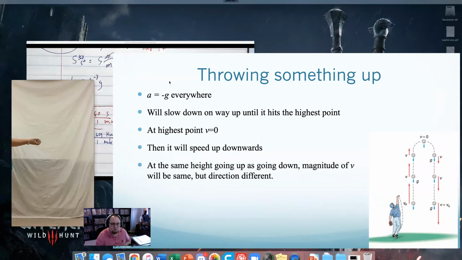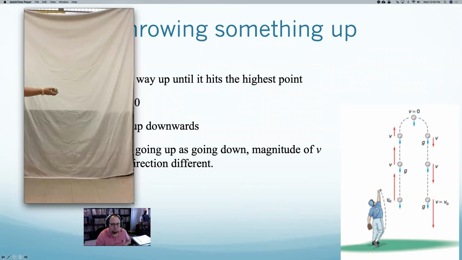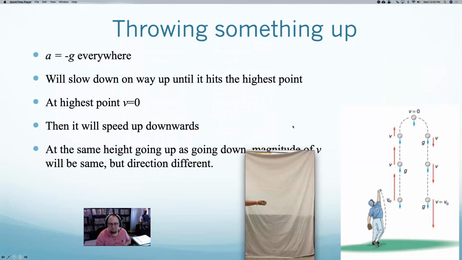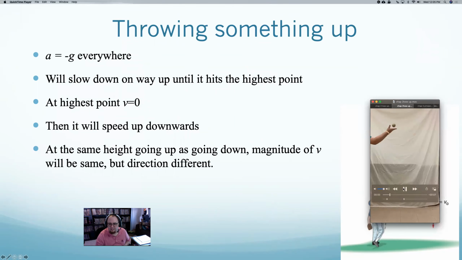If you throw something upwards, and is this the version I want? No, I want this version. If you throw something upwards, what's going to happen? I'm just going to cover that figure for a second. On its way up, it's going up. That means on the way up, it has a positive velocity. On the way down, it's going down.